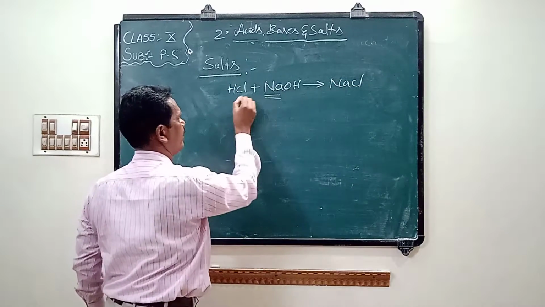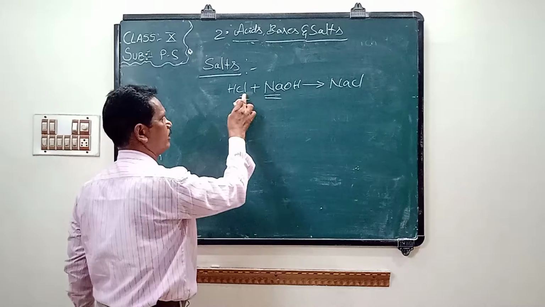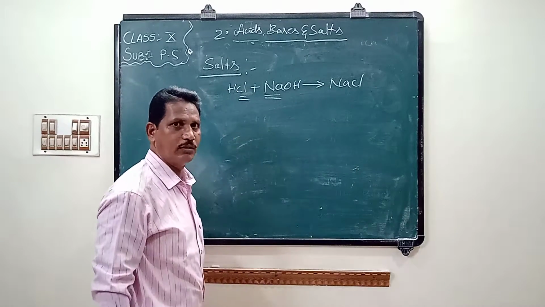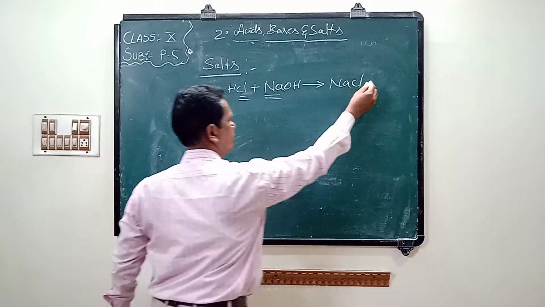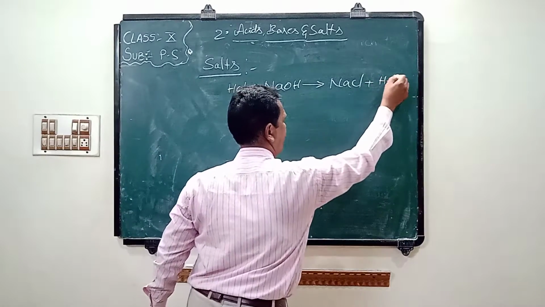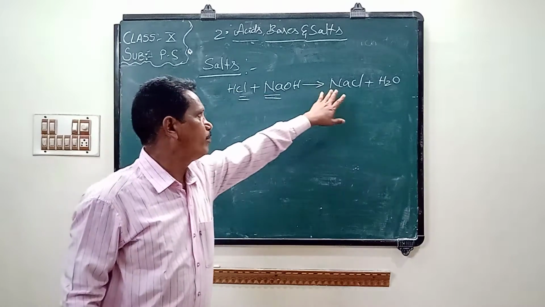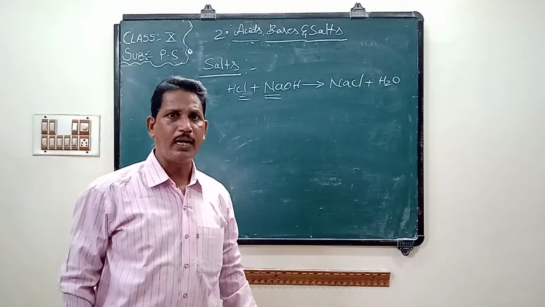Here the Na reacts with the Cl to form NaCl, common salt, table salt, and H2O. Acid reacts with base to form salt and water.